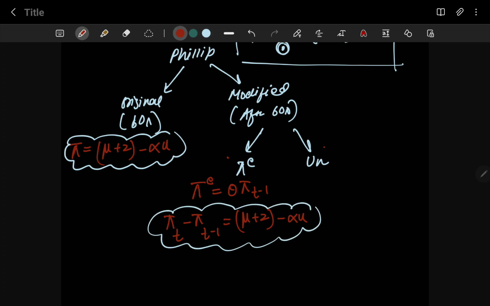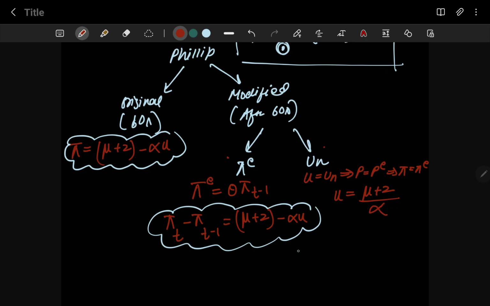Yeah. And the third was when we introduced the case of natural rate of unemployment, where we started to assume that our u is equal to u_n, which makes pi equal to pi e, right? So u is equal to mu plus z by alpha, right?